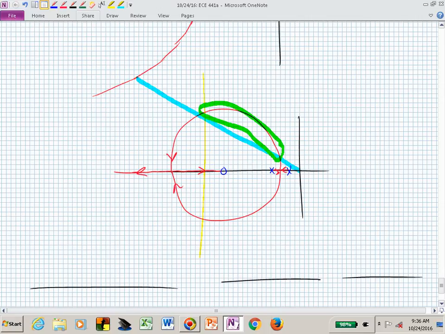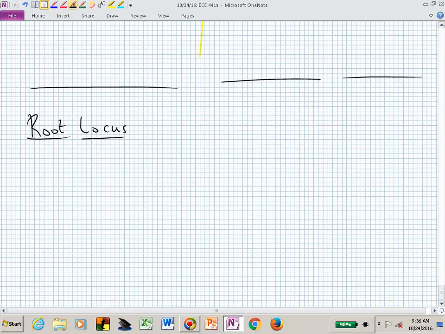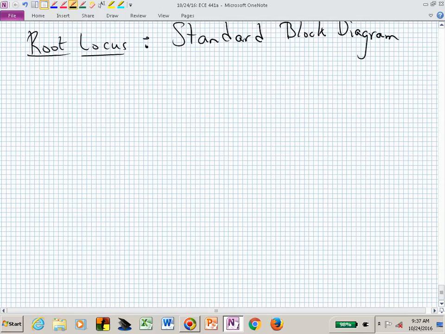Let's now continue, though, with this and show how we're going to establish some standard terminology and strategies for sketching the root locus. We'll do that with this standard block diagram. It's really not much different from what we've done in the past.